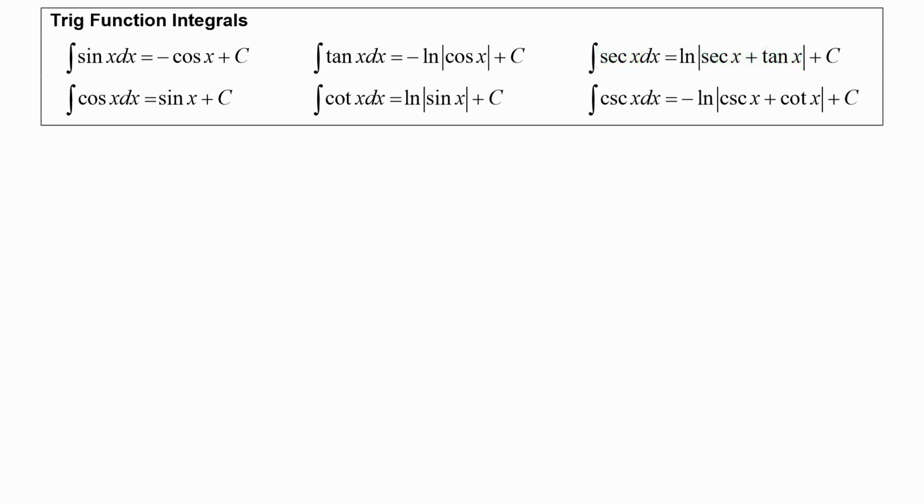And I use the same memory technique for cosecant, because the derivative of cosecant is negative cosecant x cotangent x. Then I know the integral of cosecant x is going to involve cosecant x plus cotangent of x and be negative. So if those help you, please feel free to use them.